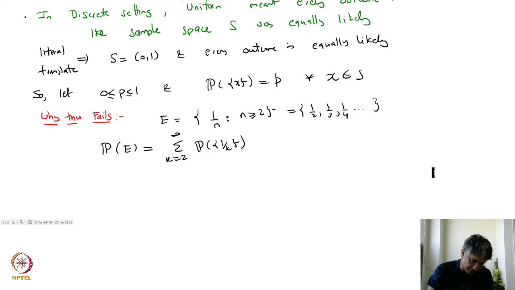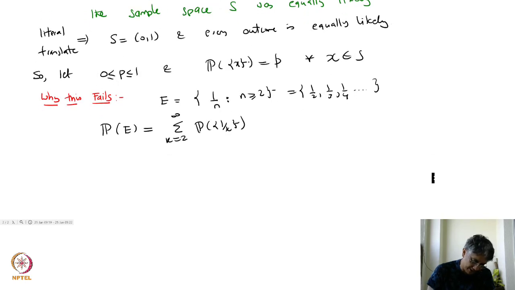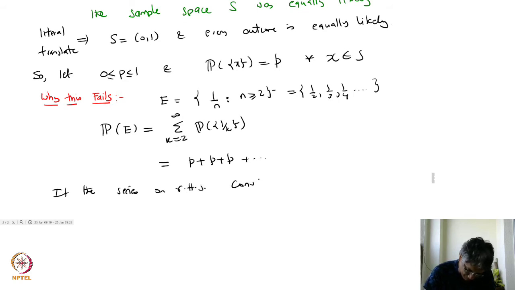So now let's do an intuitive calculation. Each of these is p, so there's going to be p plus p plus p and so on. Now, clearly, if the series on the right hand side converged, then p has to be 0.